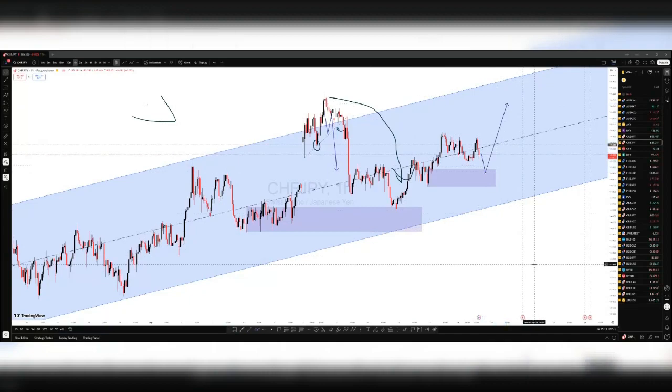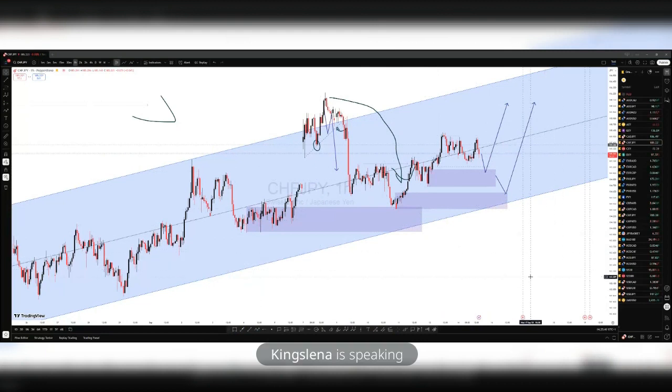The second option is that price decides to do this, which would bring us into this sweep, break, retest scenario, and then price can do this and bounce. Does it make sense? Yes, it does. Thank you very much. You're welcome.